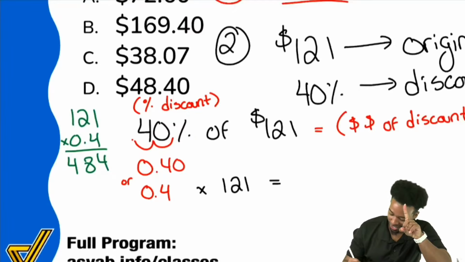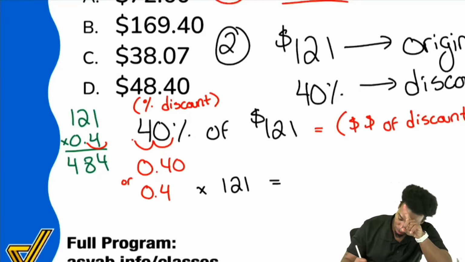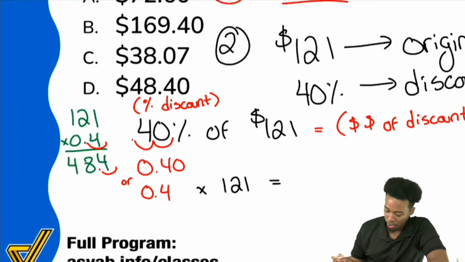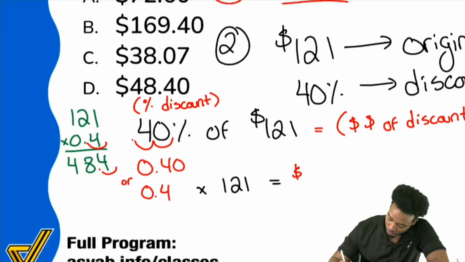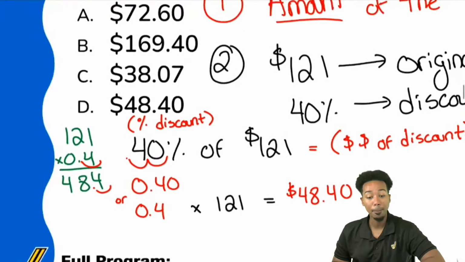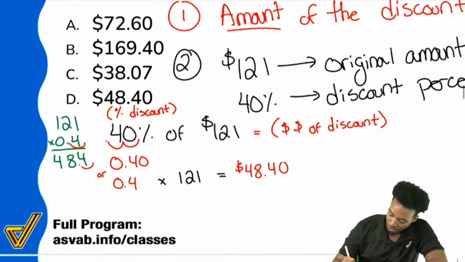Right, just one. Boom and boom. So that'll be 48.4, which is the same thing as saying $48.40. That right there is the amount of the discount.